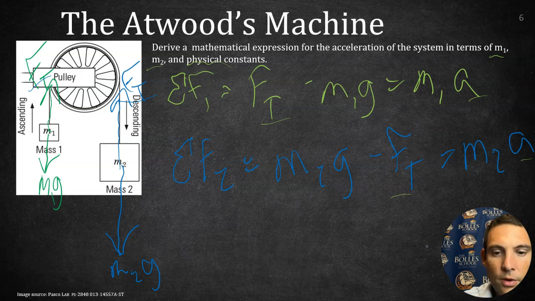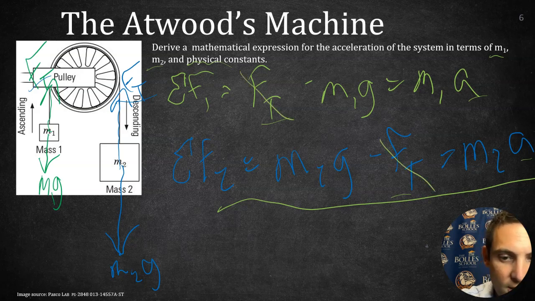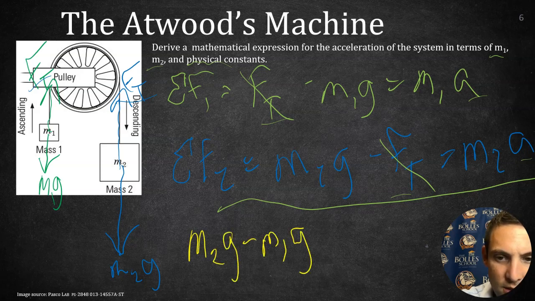So instead, because I have two unknowns and there are two equations and those unknowns show up in both equations, I can just treat this like a system of equations. When I do that, I'll combine like terms. I have a positive tension and a negative tension, so that will cancel out. And what I'm left over with is m2g minus m1g equals m1a plus m2a.